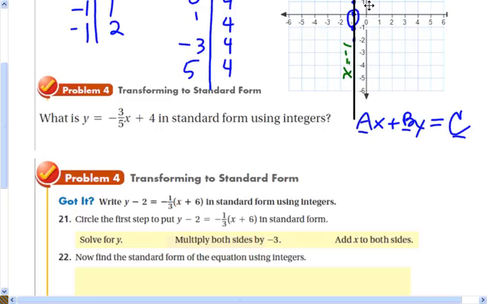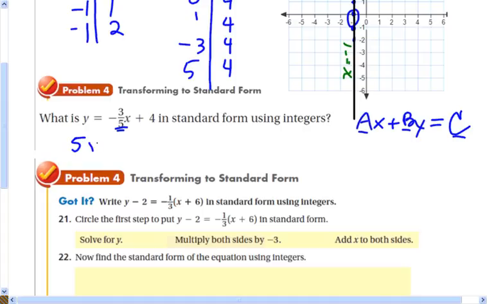So to get that, I'm going to start by getting rid of this fraction. I want to think of a number, something I can do to both sides of the equation that will get rid of that fraction. And since that fraction is dividing by 5, if I multiply by 5, that will eliminate that denominator of 5. So first thing I'm going to do is multiply both sides by 5.